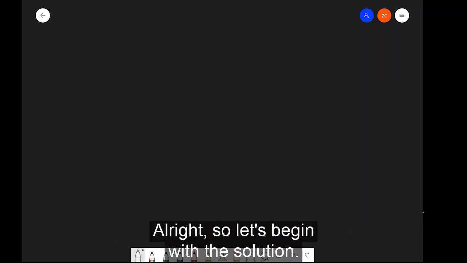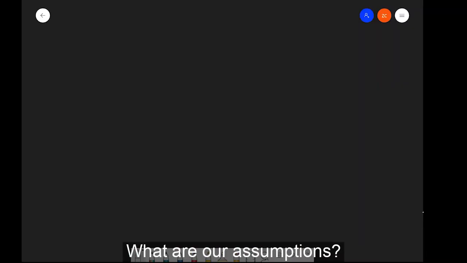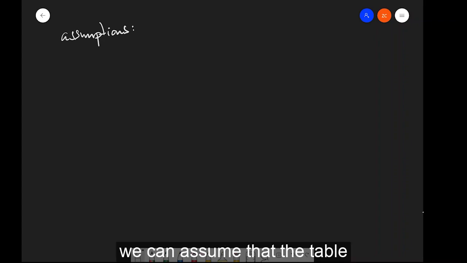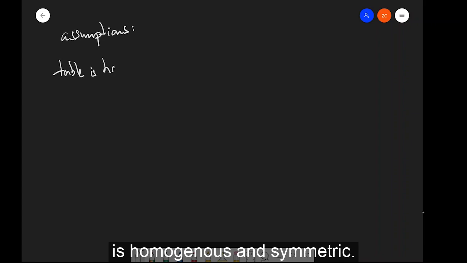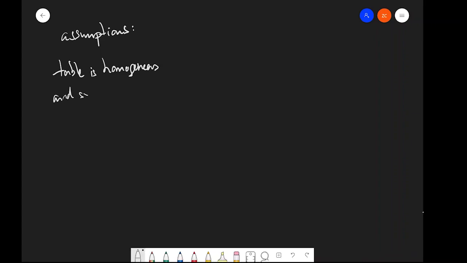All right, so let's begin with the solution. What are our assumptions? Well, first of all, we're going to assume that the table is homogeneous, and symmetric. In other words, square.